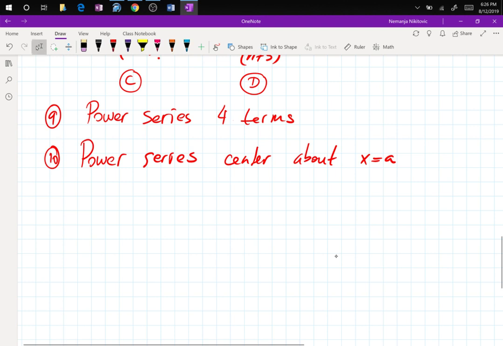We're going to have a power series, summation 0 to infinity c_n times x minus a to the n. So that's where the a would come in.